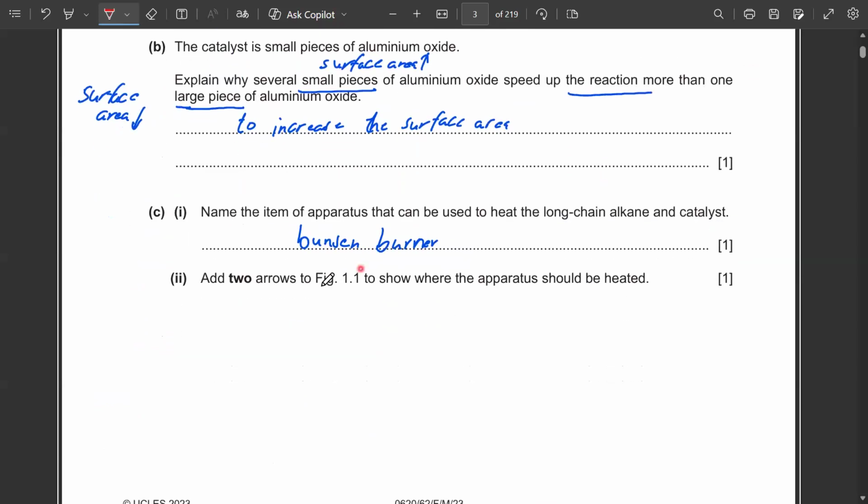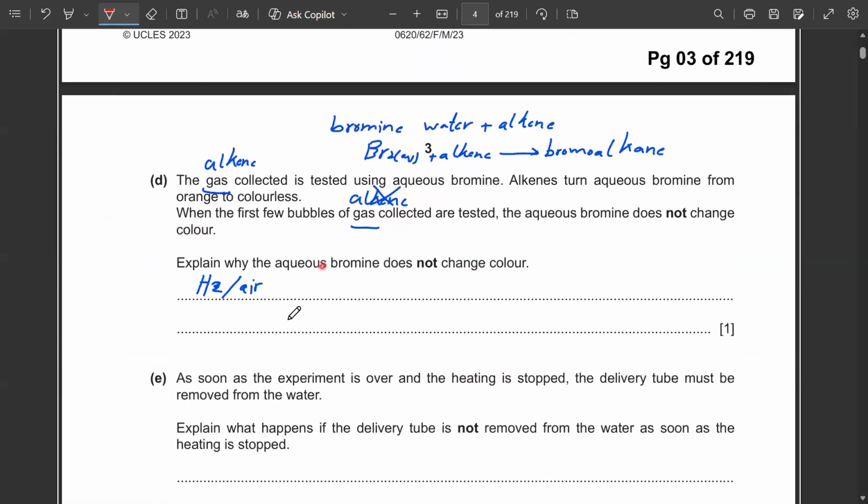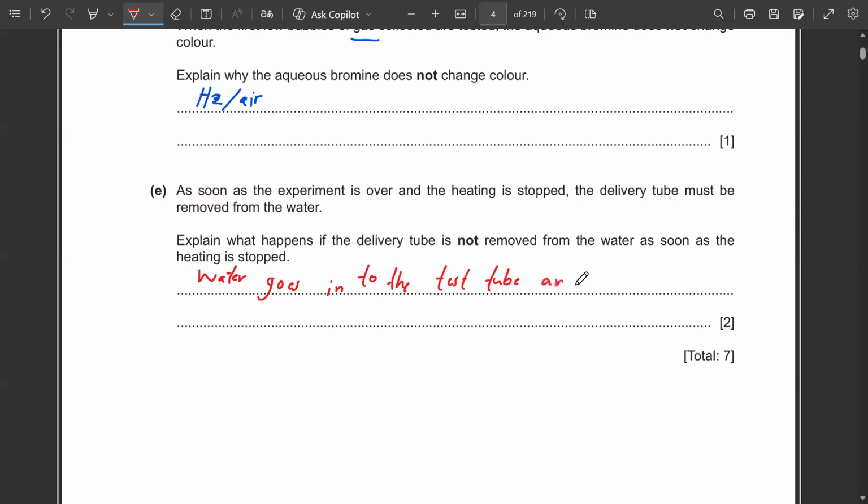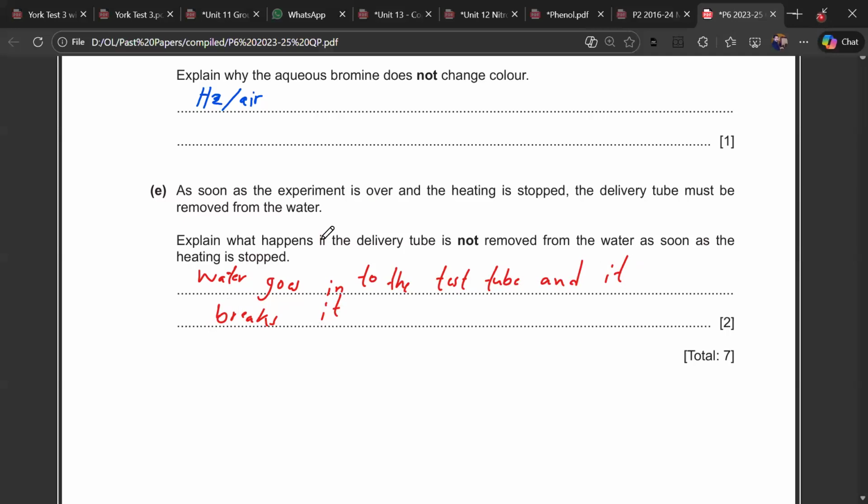So this will crack. What we write here: the water goes into the test tube, and it breaks it. So this will be the situation.